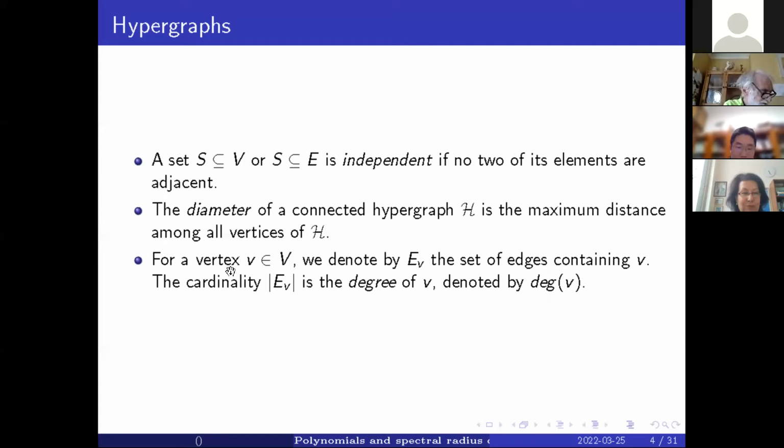For a vertex v, we denote by E_v the set of edges containing vertex v. The cardinality of the set E_v is called the degree of the vertex v, denoted by this notation.